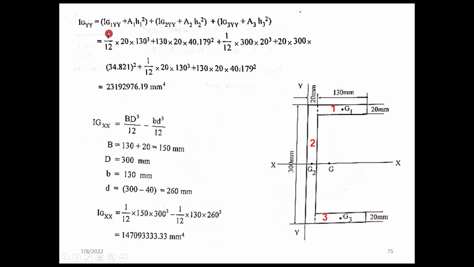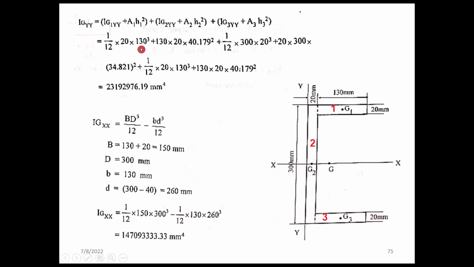IGYY is equal to IG1YY. IG1 is for this rectangle area alone, and the value is 1 by 12 into 20 into 130 cube. Please note that this is actually 1 by 12 into B D cube, where B is 20 and D is 130.